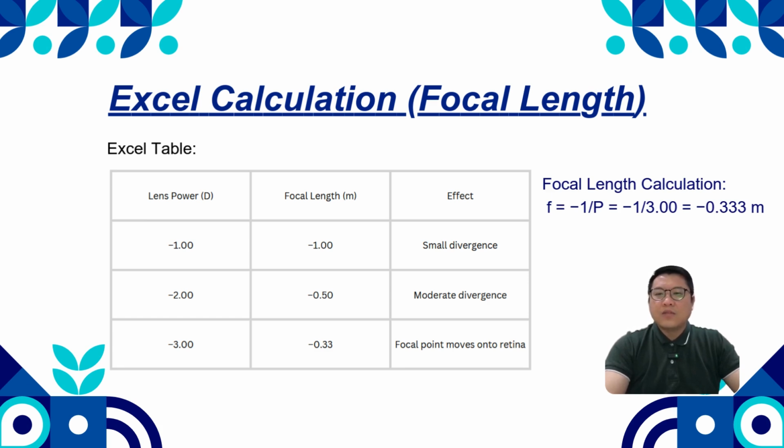Finally, the -3 lens used for our patient has a focal length of -0.33 meters, which is sufficient to shift the refracted focal point back onto the retina. This supports our chosen correction power based on quantitative data.